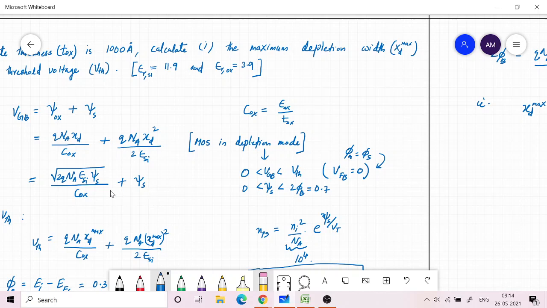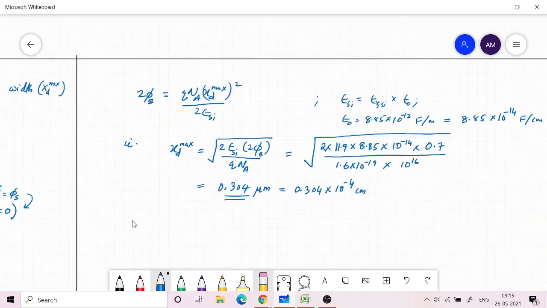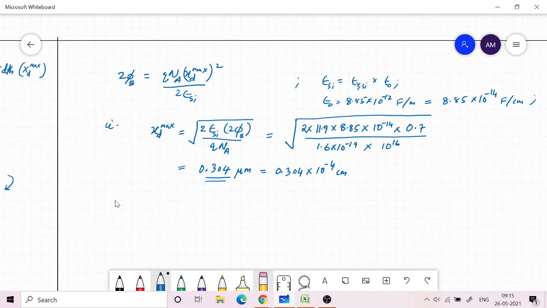For the first term, we need to find Cox, either way. Cox is the oxide capacitance per unit area, defined earlier as epsilon ox divided by Tox. Area is not there because this is capacitance per unit area.